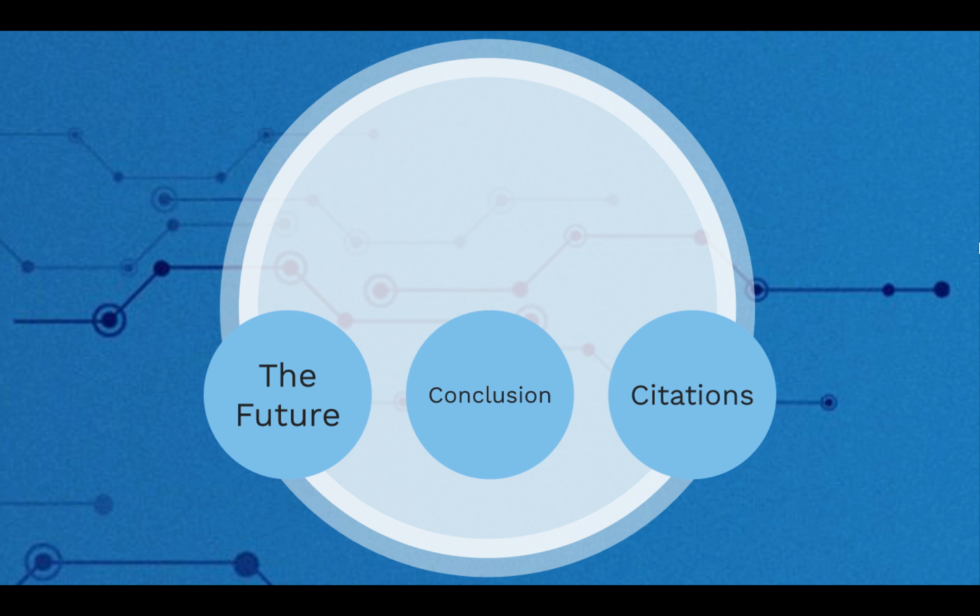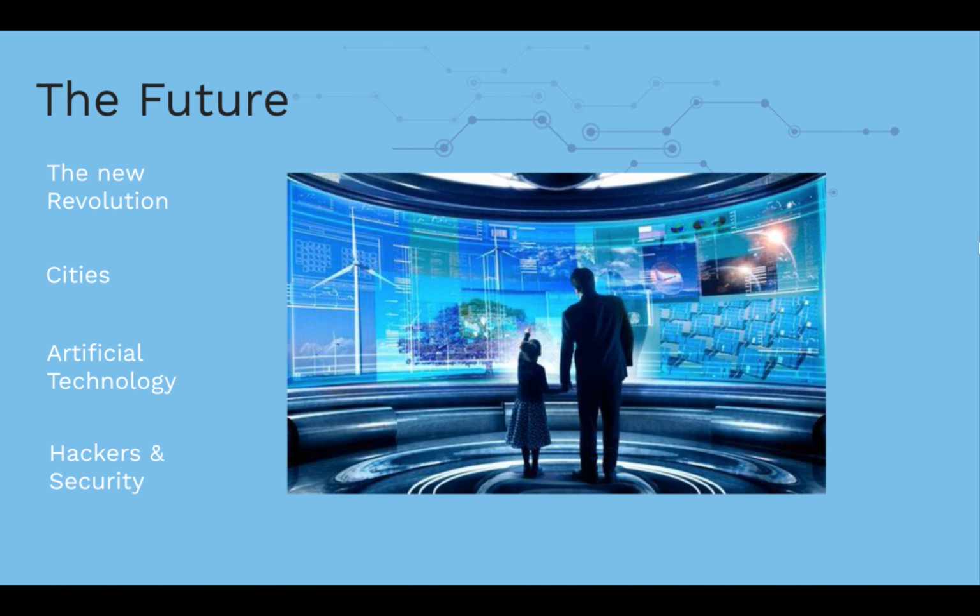So what will you be able to do in the future? Norton has basically 5 predictions of the future of IoT. The big thing is that it thinks that the Industrial Revolution was a huge revolution. The internet in general was a huge revolution.